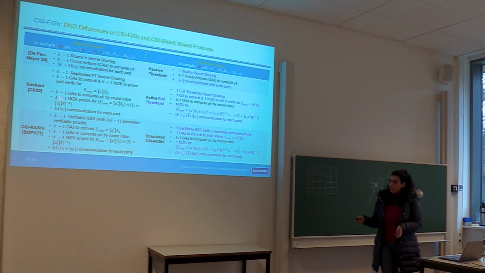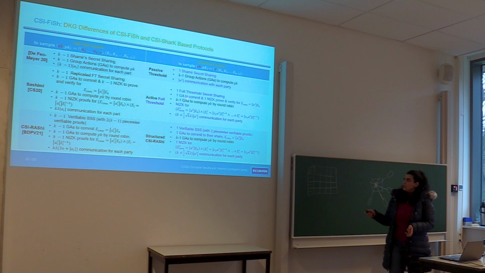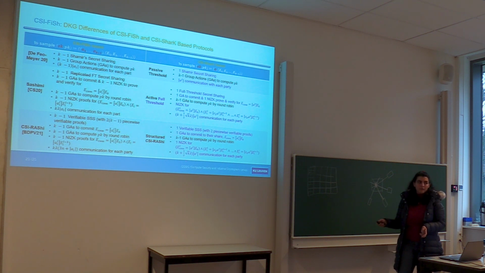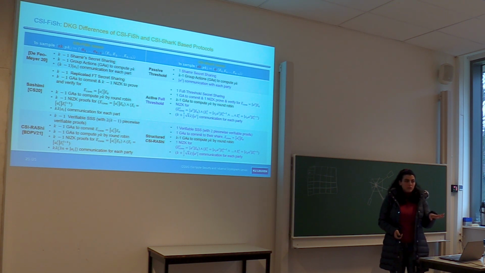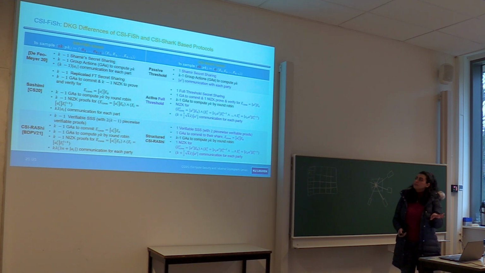Anywhere that we have k-1 here, you can see we have just one, except in public key computation. In public key computation, we still have k-1 group action computations, because the public key size is k, so we need this computation.